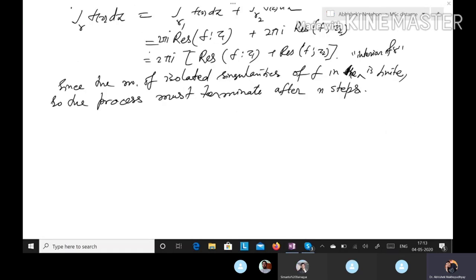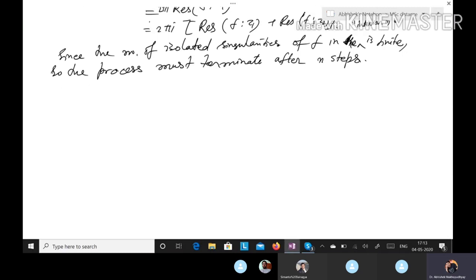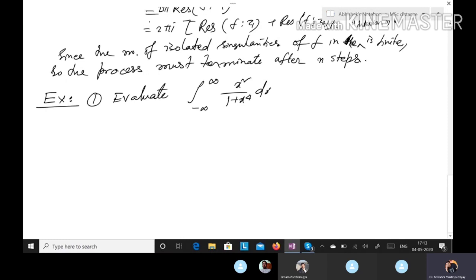Application of this theorem: let us evaluate this improper integral dx.